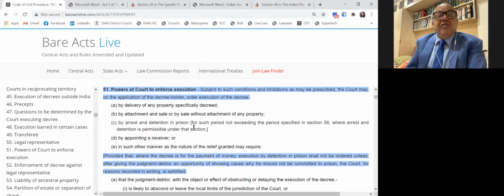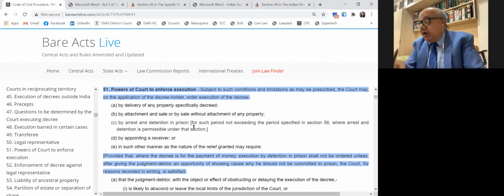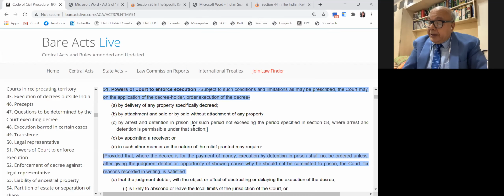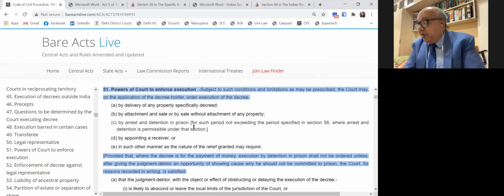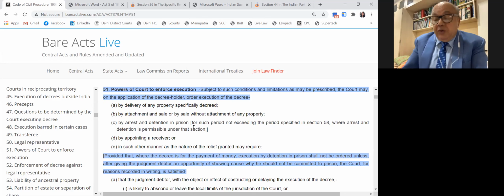In Section 51, kindly see that, subject to the conditions and limitations that may be imposed, the decree holder is entitled, number one, to delivery of possession specified in the decree, that we learned right now under Order 21, Rule 12. Then number two, attachment and sale, or sale without attachment, of the property. That topic is dealt with under the provisions of Order 21, Rule 42.